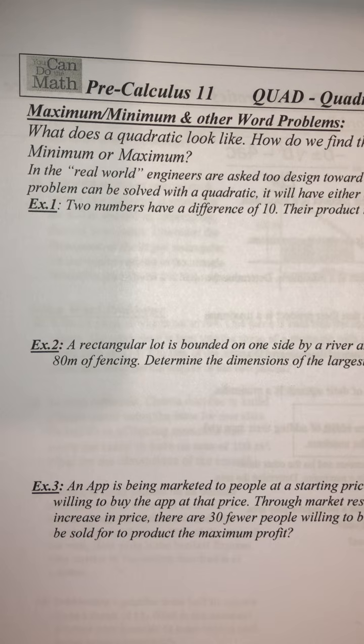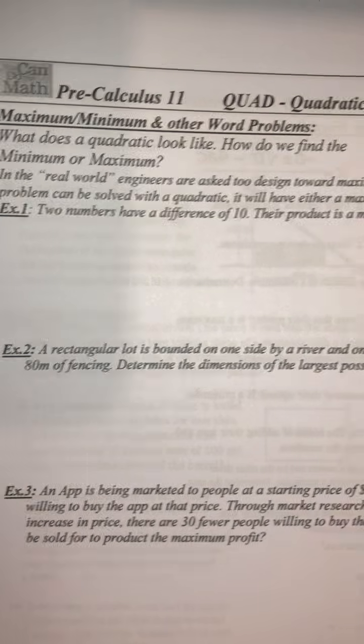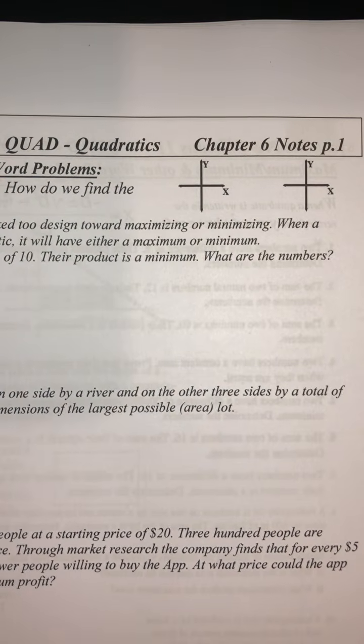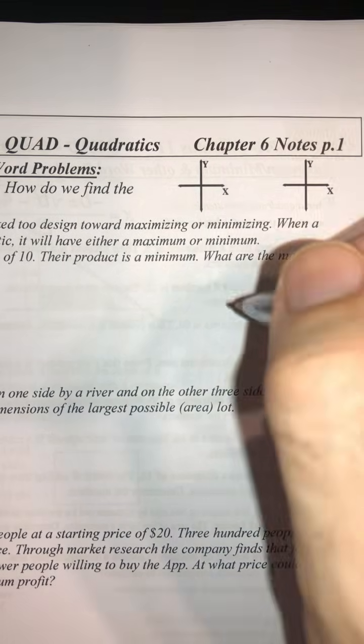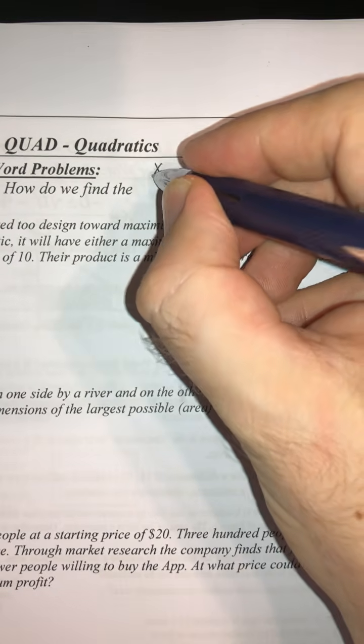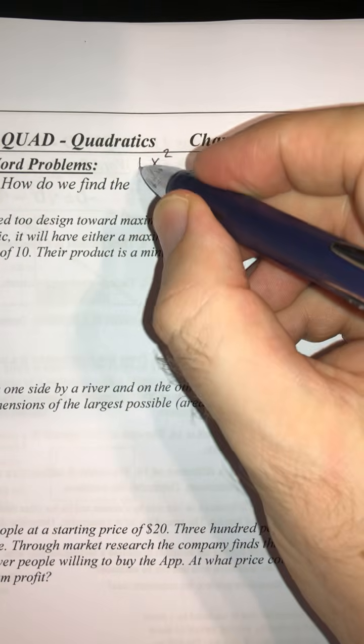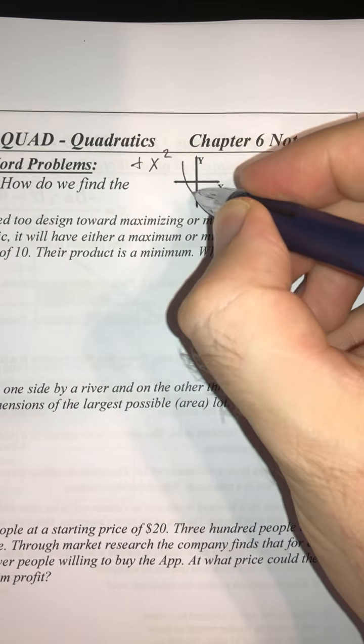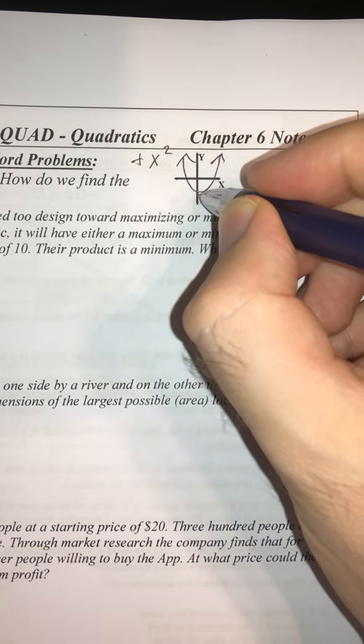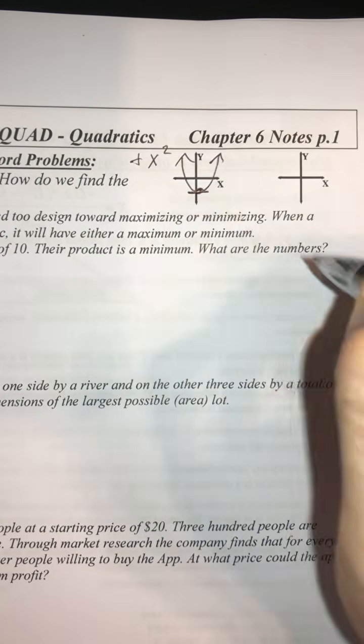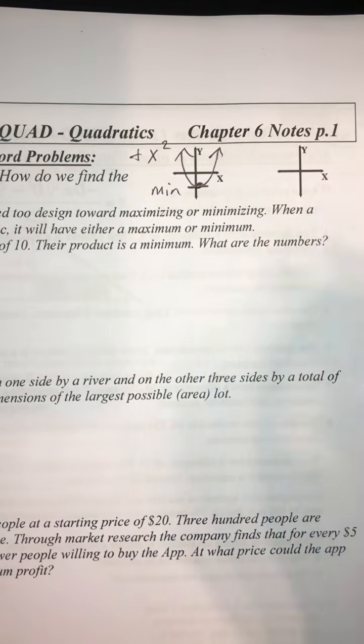Essentially, what we need to deal with is maximum and minimum. Often, if you're dealing with engineering or something like that, you'll encounter problems that involve max or min. What that refers to is, if you have a positive x squared value, you're going to have a parabola that looks like this, and down here at the bottom is a minimum value.